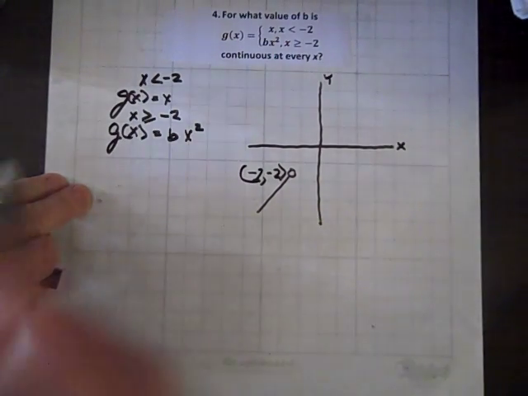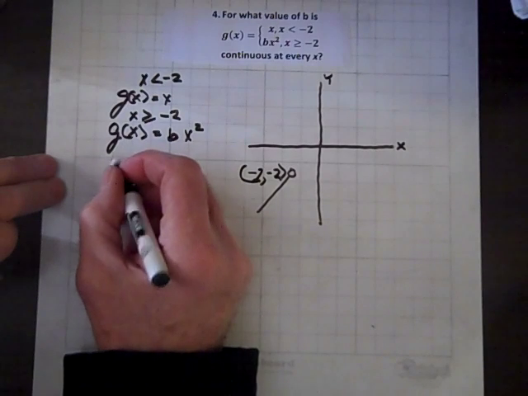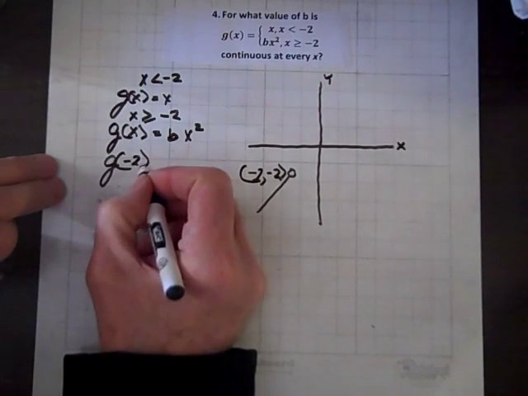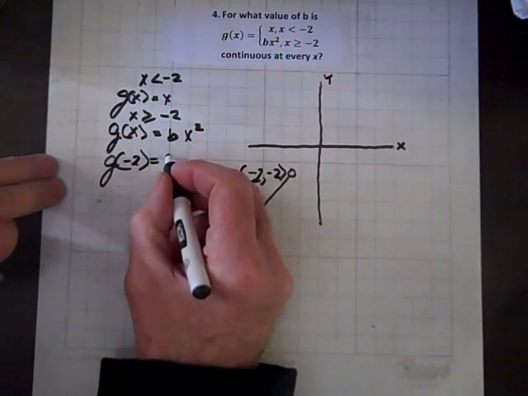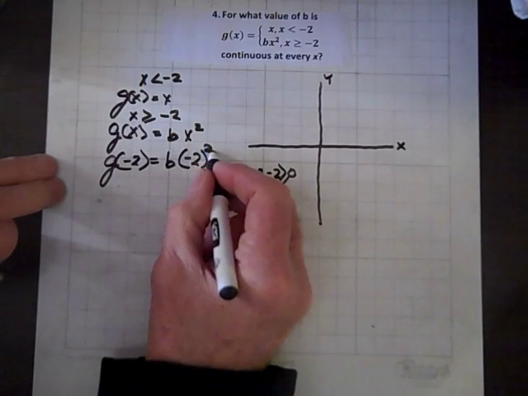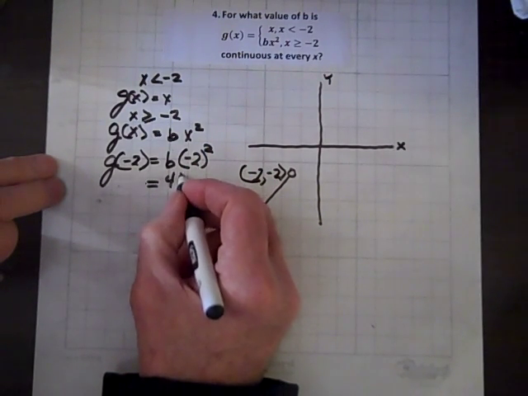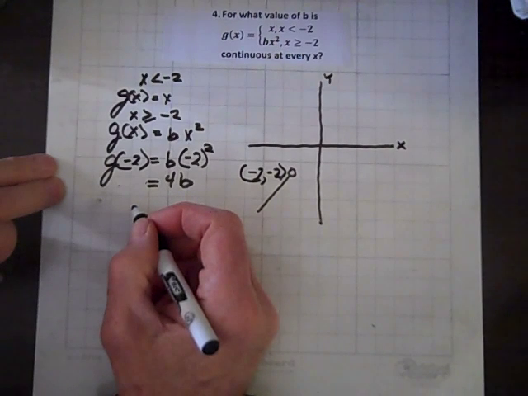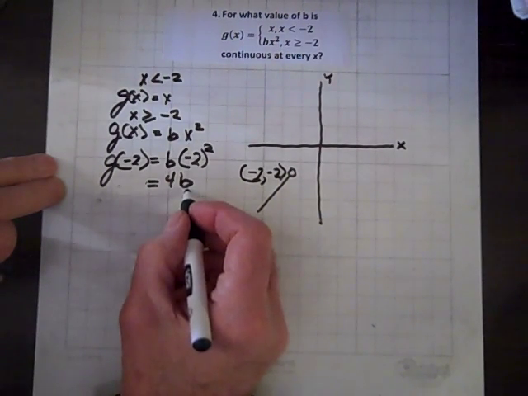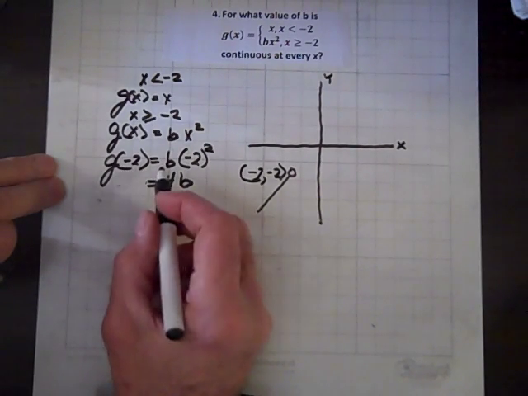It is negative 2. So let's look at g of negative 2, and that equals b times negative 2 squared, which equals 4b. This is the y value when you evaluate g of negative 2.